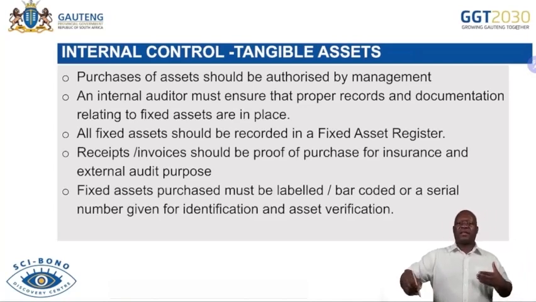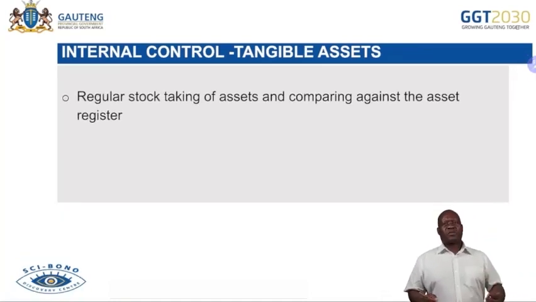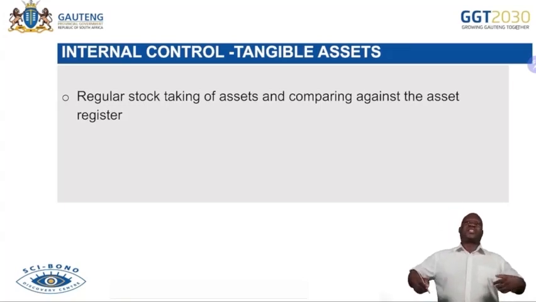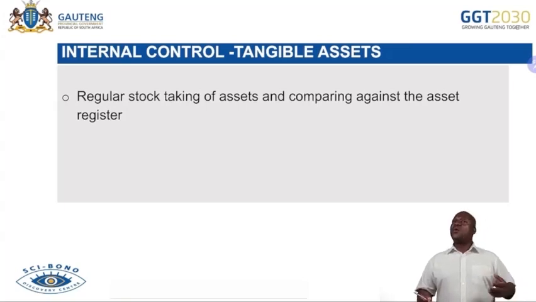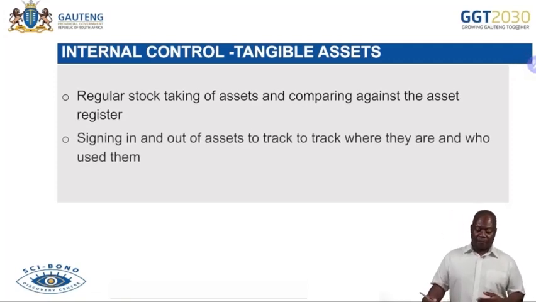Every item, a table that you buy, put something on it that is going to be used to identify it. And then, regular stock taking of assets and comparing against the asset register should be done. Don't just say, we have got 15 laptops in the company when only 3 are left and the other ones you don't know where they are.